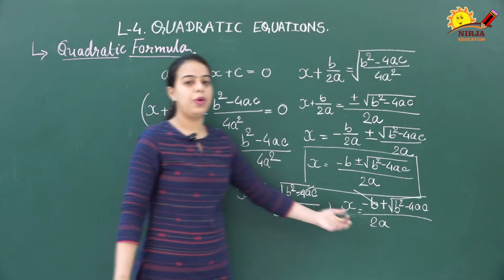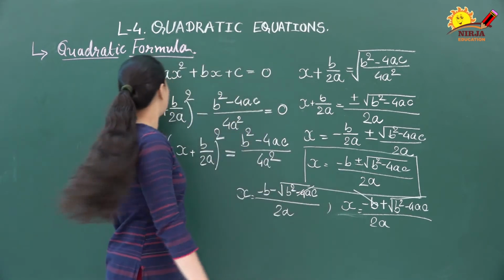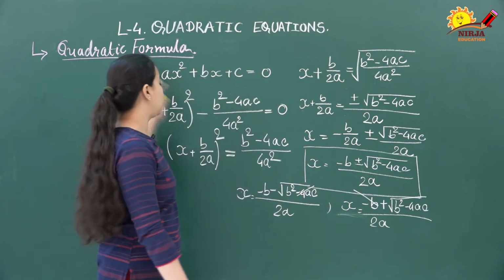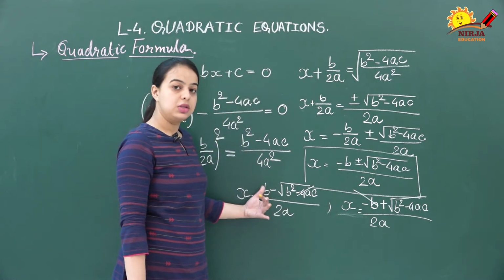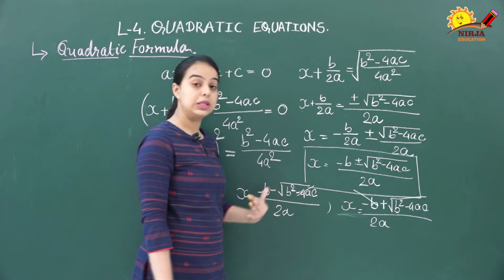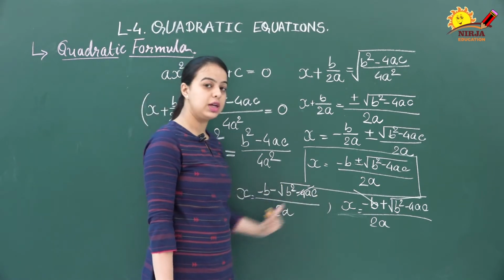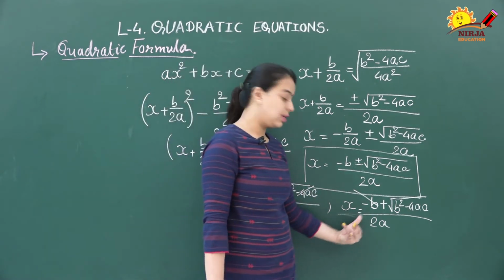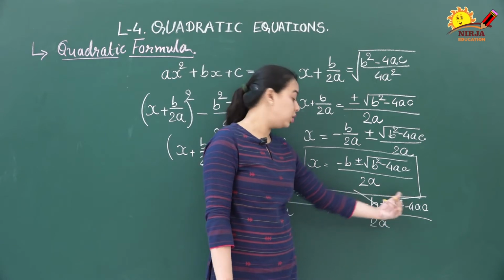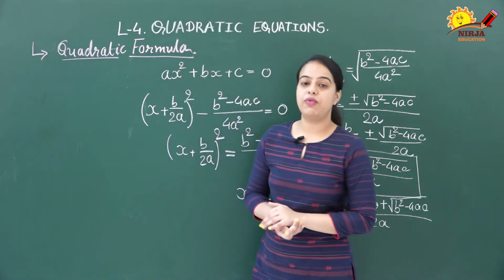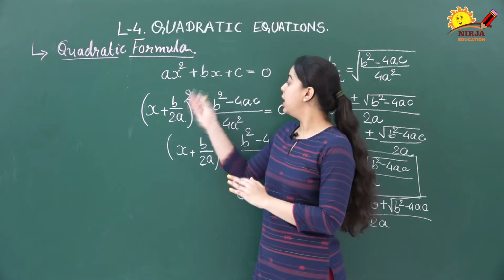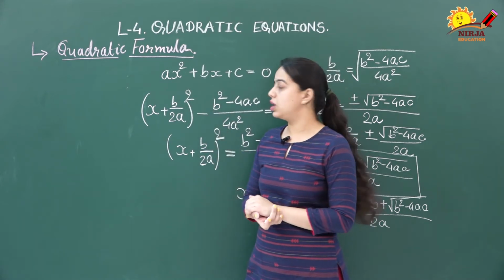So there are two possibilities of solution of a quadratic equation by the quadratic formula. So this way you can find the solution of any quadratic equation by the quadratic formula.